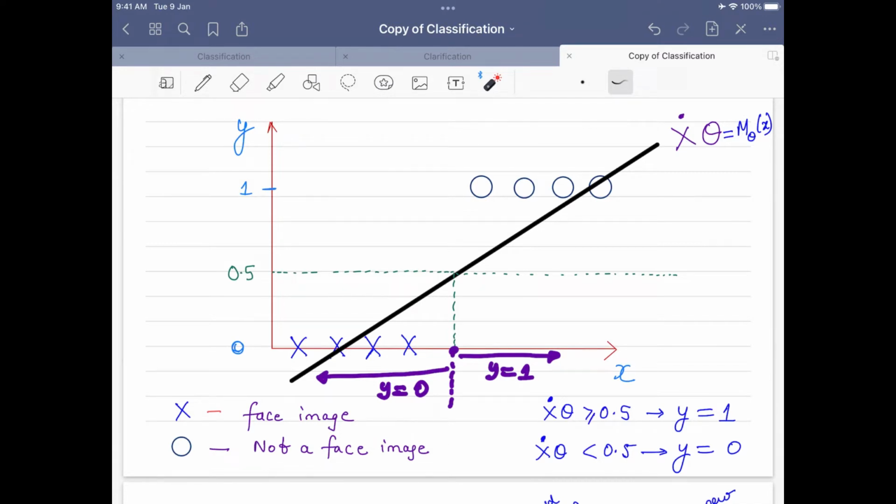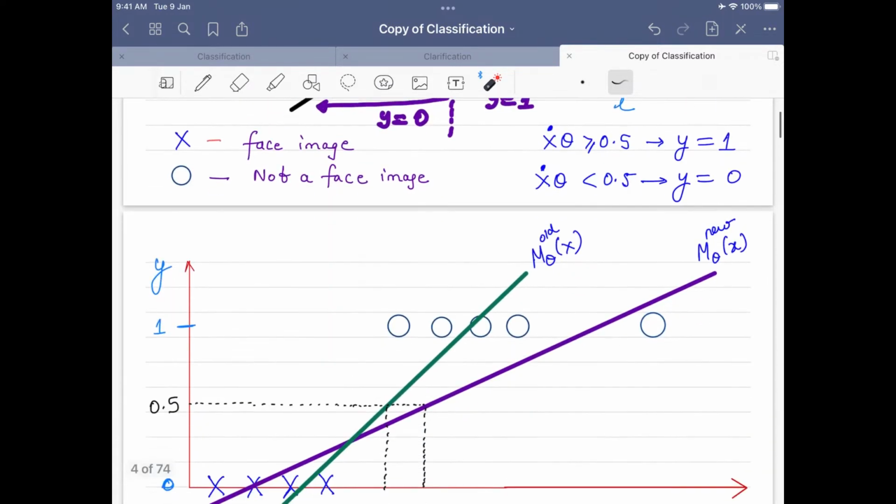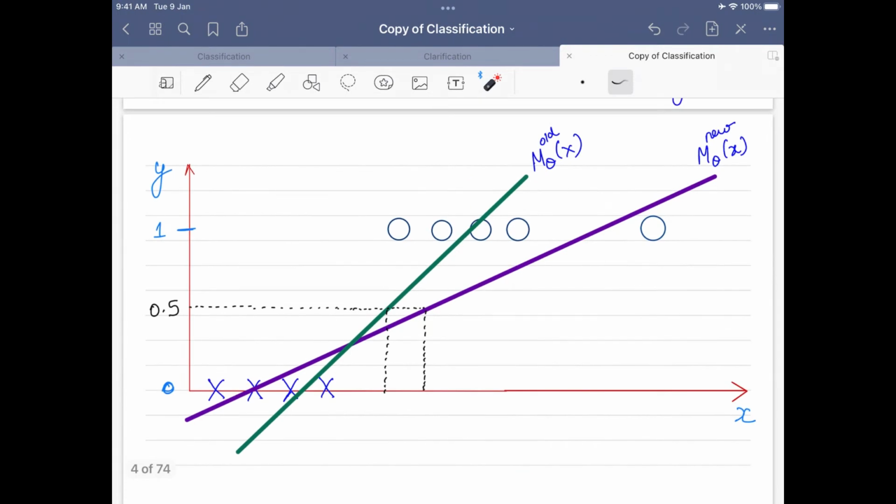But there is a problem here. Let us say you have a new sample coming over here, which is far away from the original distribution available here. This sample is also a phase sample, but it is a little far from the original distribution.